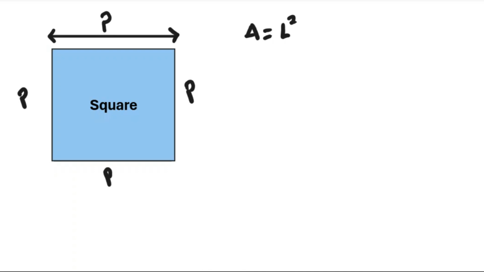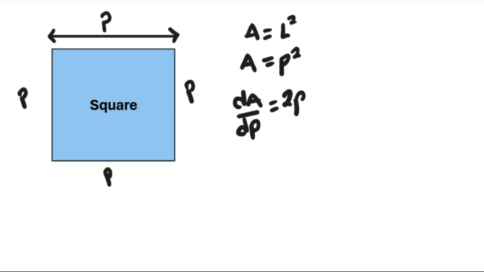It means in this question, our area will be P raised to the power 2, because the length of one side we have taken to be P. Now we can differentiate A with respect to P: dA/dP. If we differentiate P squared, we get 2P.